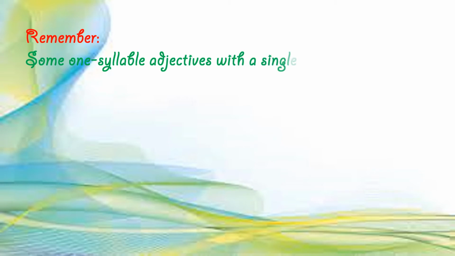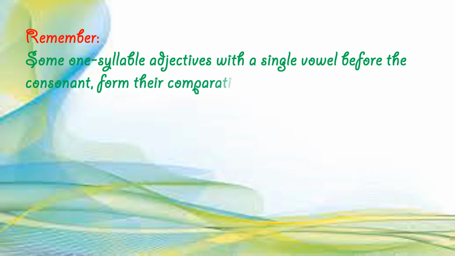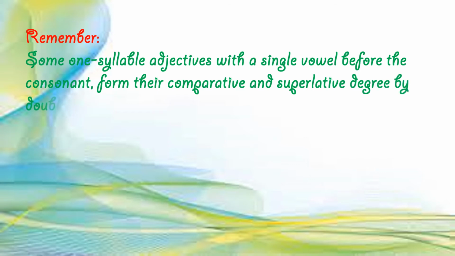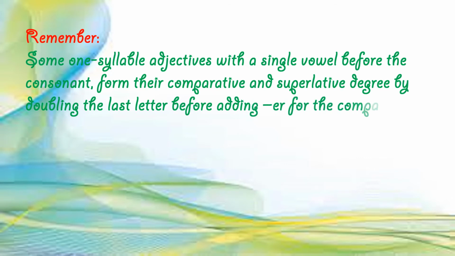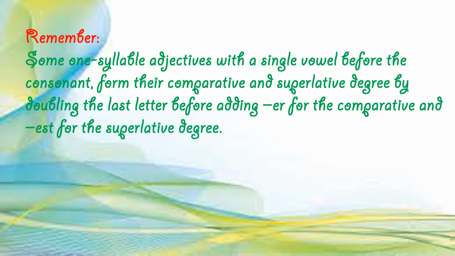Remember, children, some one-syllable adjectives with a single vowel before the consonant form their comparative and superlative degree by doubling the last letter before adding ER for the comparative and EST for the superlative degree.